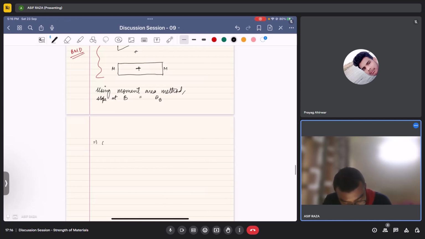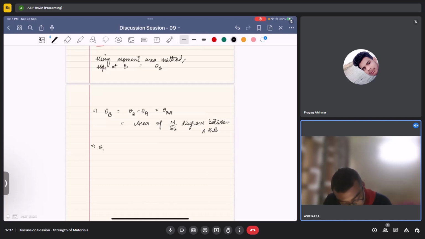And theta B is equal to theta B minus theta A, that is theta BA, and this is equal to the area of the M by EI diagram between A and B.